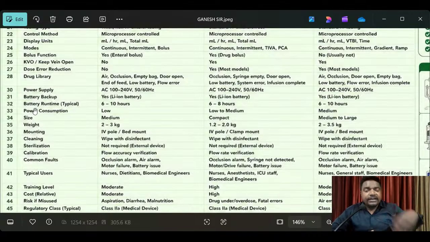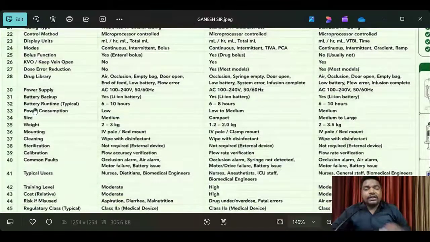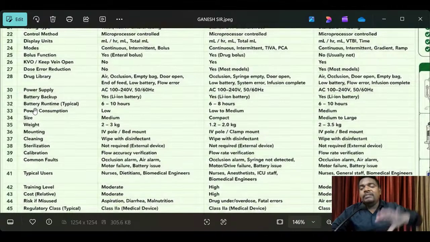So every time you have to check whether the syringe pump, infusion pump, and feeding pump are charging or not. While you are doing your duty, you have to follow the instructions and observe everything. When you are doing rounds as a biomedical engineer, you have to follow all medical equipment, not only these three.